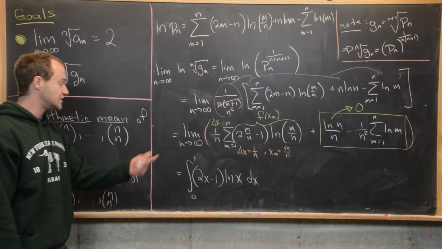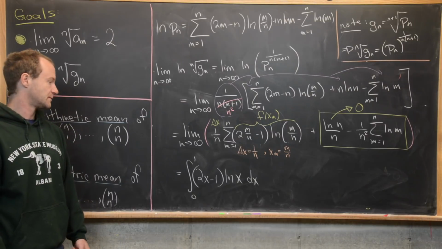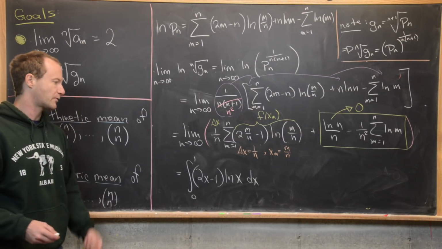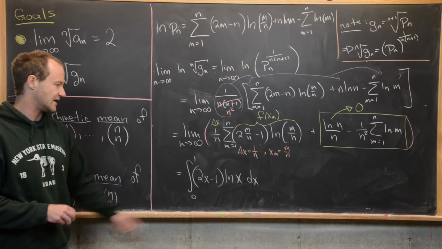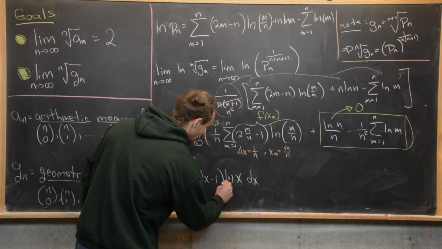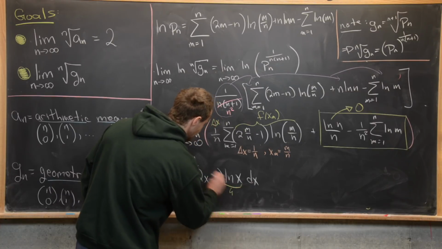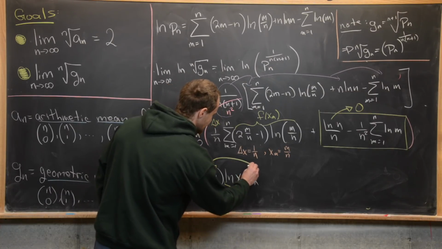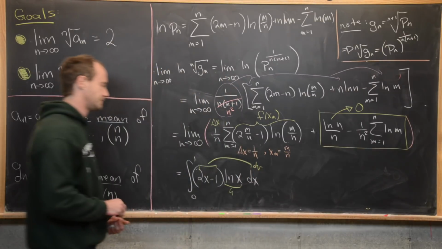So now all we have to do is calculate this integral. How can we calculate this integral? Well, probably with integration by parts, given that we have some sort of inverse function here. So I'm going to go ahead and let this part be equal to u, and then all of the rest of this will be equal to dv.